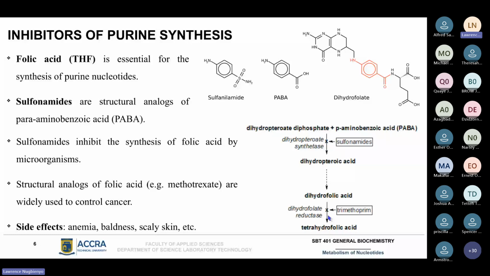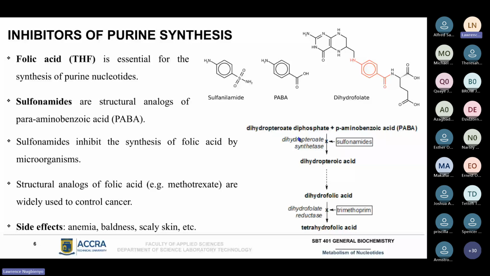So that is competitive inhibition. We saw this when we were doing fundamentals of enzymology, competitive inhibition. So the sulfonamide is acting as a competitor to the para-aminobenzoic acid. So once it binds to the enzyme, it inhibits that reaction. It terminates the reaction.